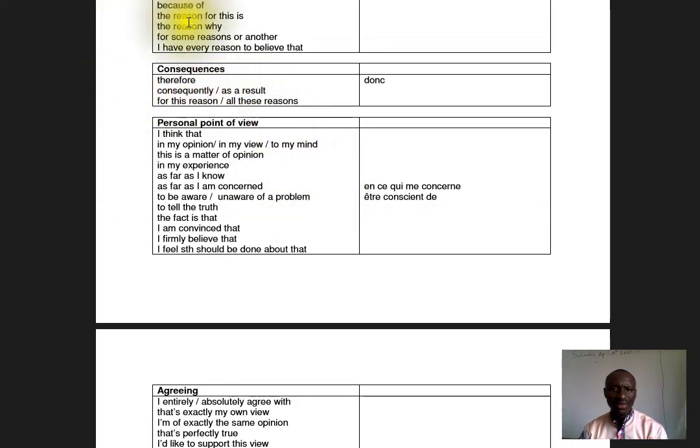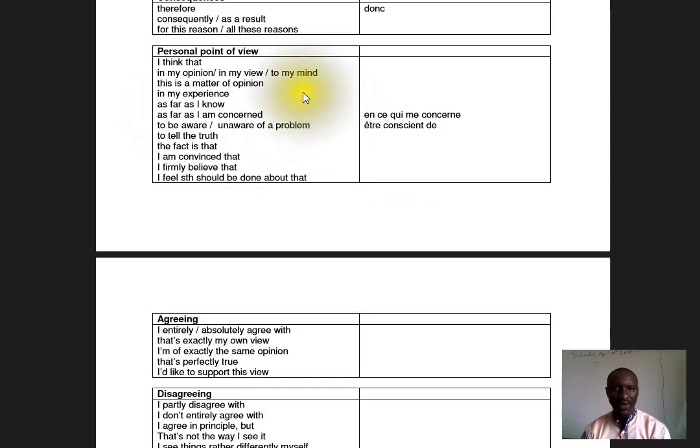You want to give consequences? Here are the words: therefore, consequently, and the expressions as a result, for this reason, all these reasons.